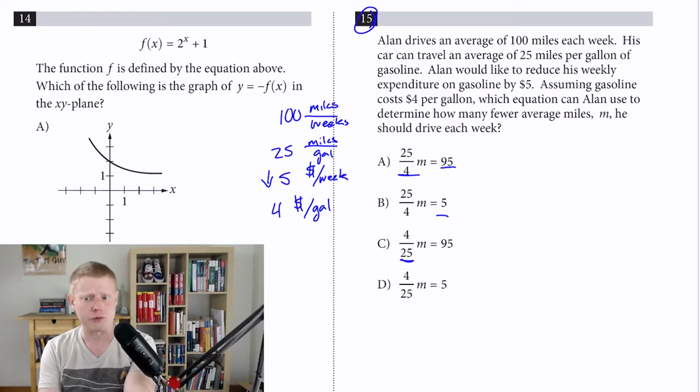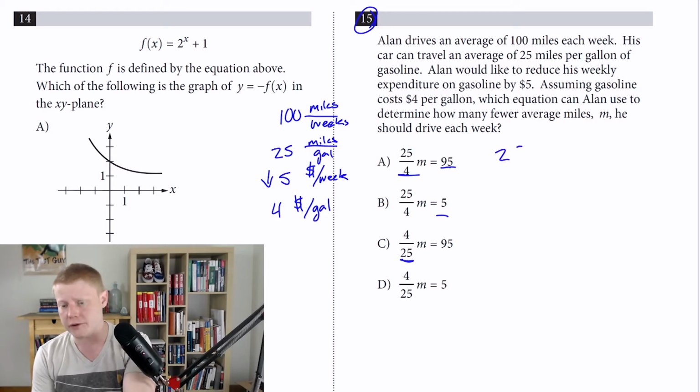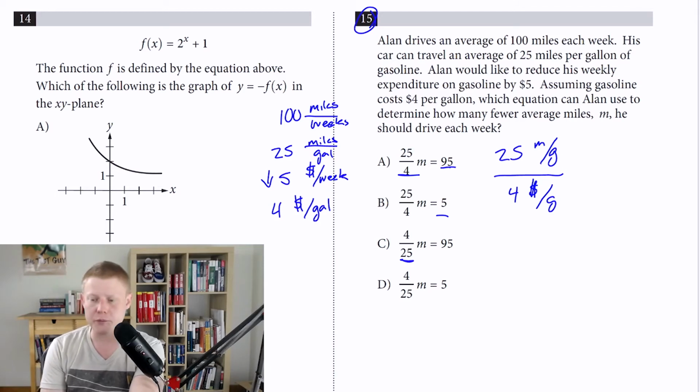So let's deal with the slope first. All right, so 25 over 4, 4 over 25. So 25 is miles over gallons, and 4 is dollars over gallons. Well, if I flip these over, as though I was flipping the fraction and multiplying, I would end up with a unit that has miles over dollars, because the gallons would go away.